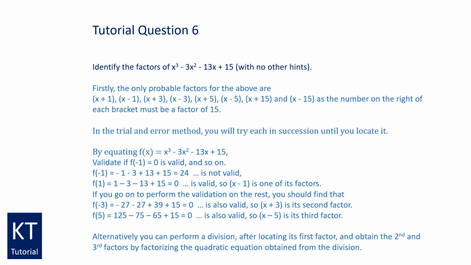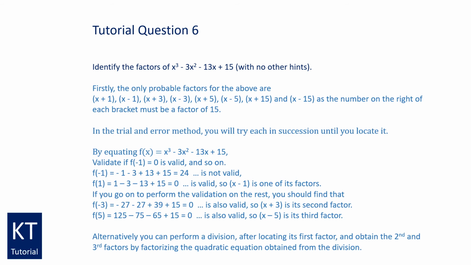In using the trial and error method, you will try each of the stated in succession until you locate one where f(x) is 0.